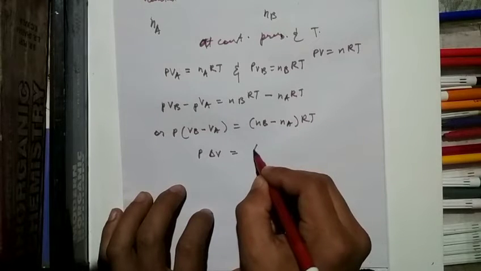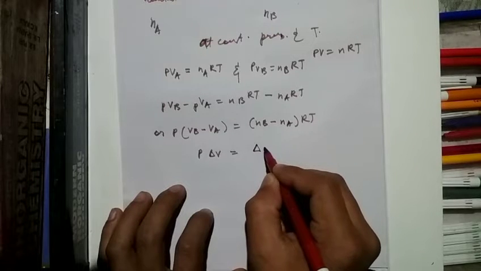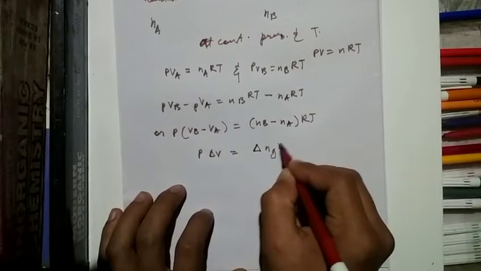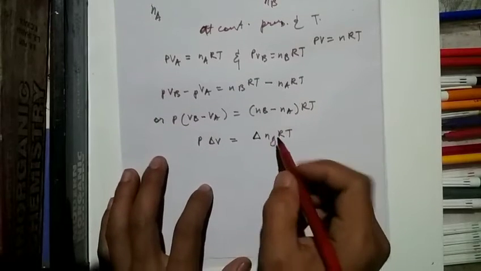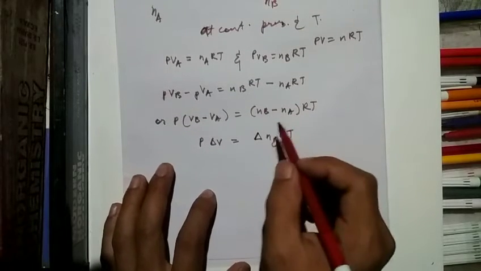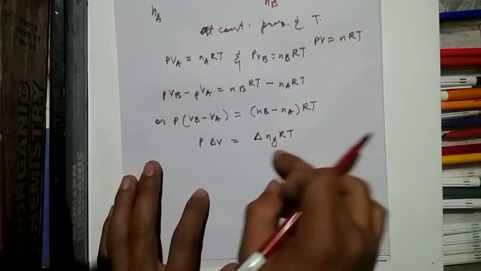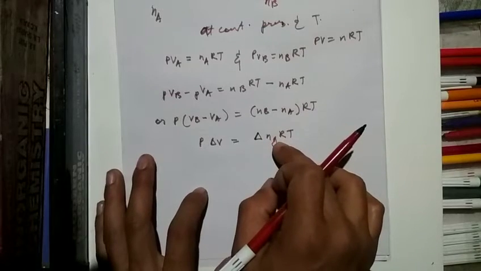So let's denote it by delta n_g RT. The change of these gaseous moles of reactant and product, let's denote it by this one.